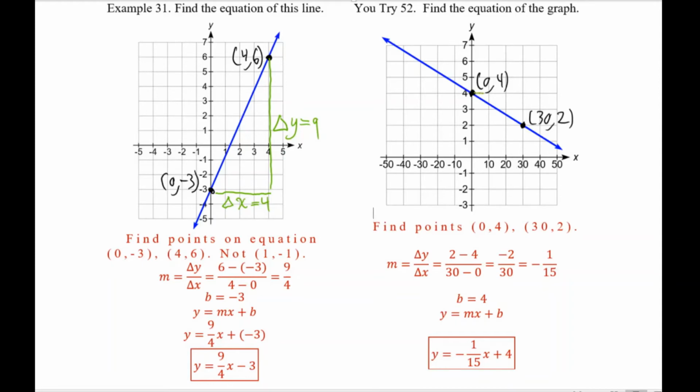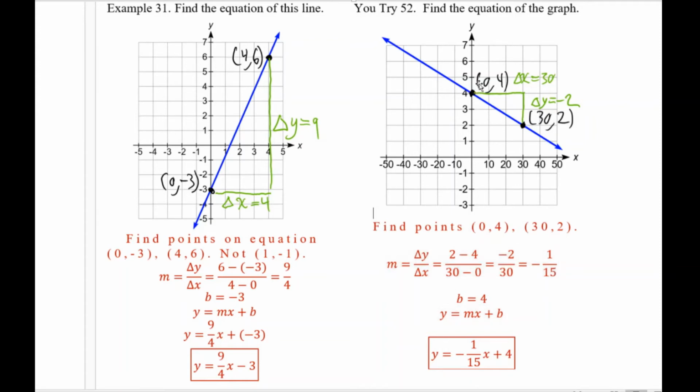To find slope, I can create a slope triangle. As I change in my x direction of 30, my change in my y direction was negative 2. Therefore, m equals delta y divided by delta x, which would be negative 2 over 30, which I then simplify to negative 1/15.